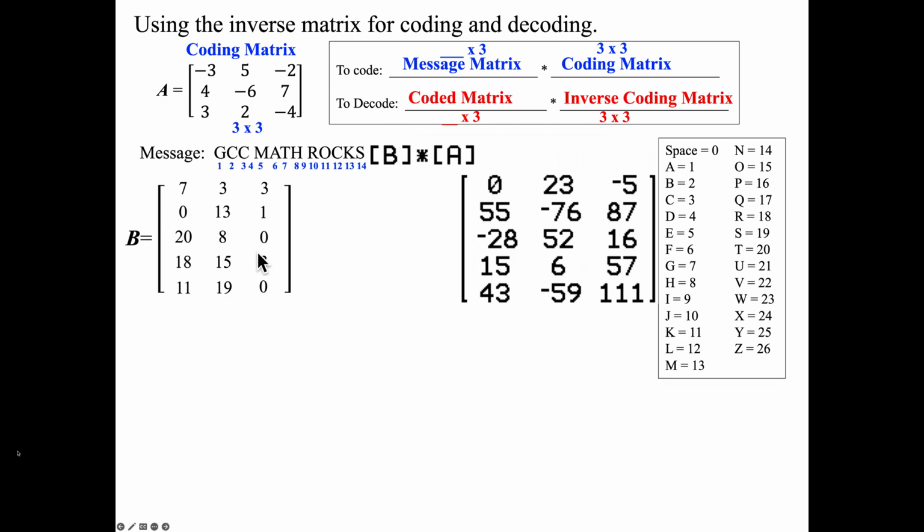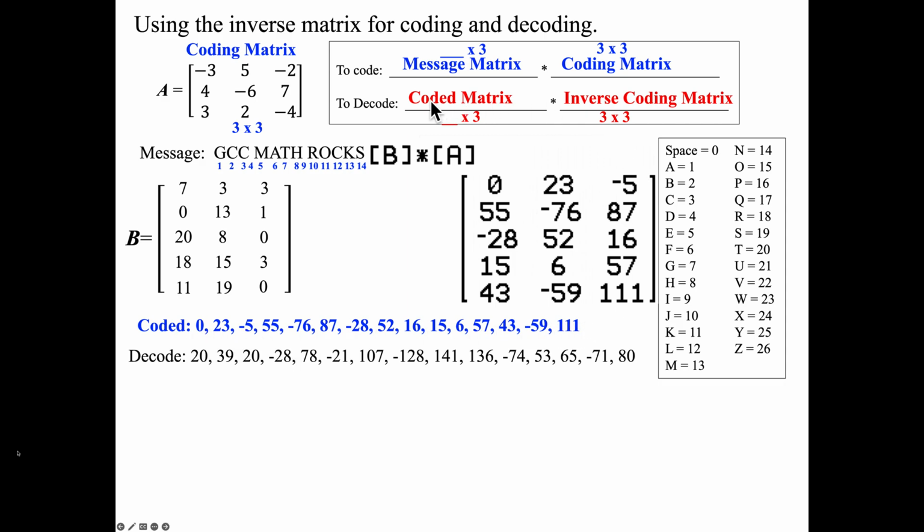Look at where your 3 spaces are. Again, completely different numbers. Remember, your matrix multiplication is multiplying all those corresponding entries from your rows and columns and then adding those all together, which makes it impossible to break that code. So put these in order by rows, and this is your coded message.